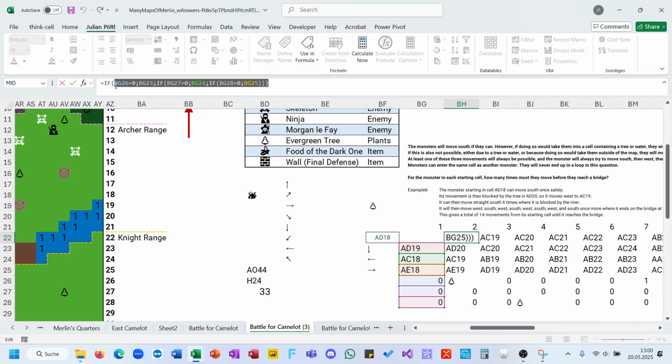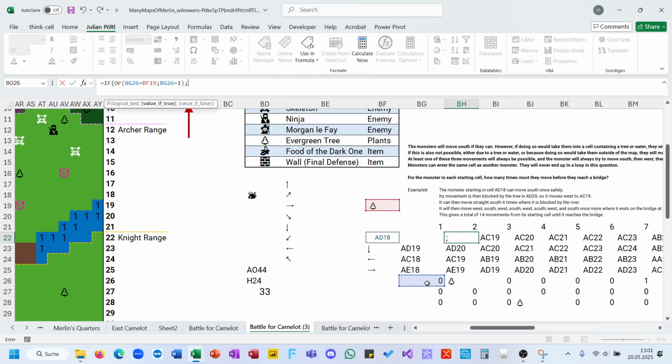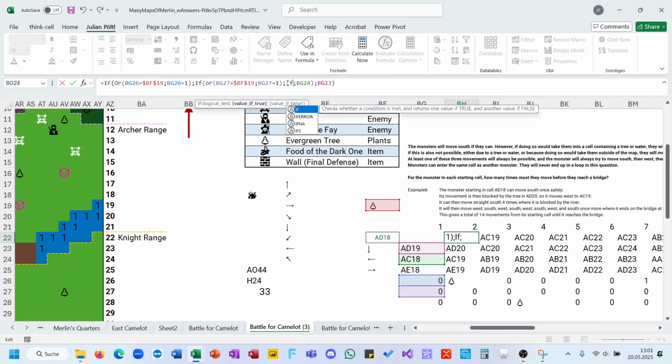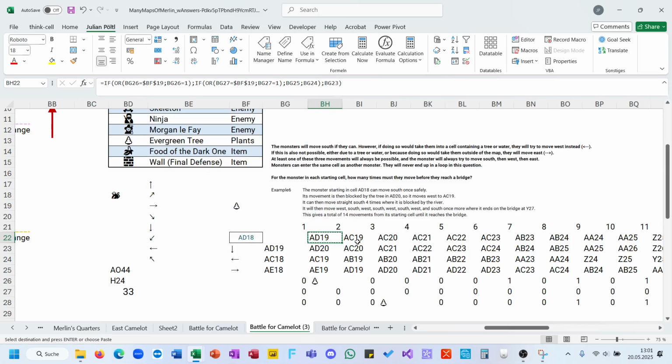If or this equals 3 or this equals 1, then something else, otherwise this cell. Yeah, and if this is possible, then okay. I do not need the last one because always something is possible.